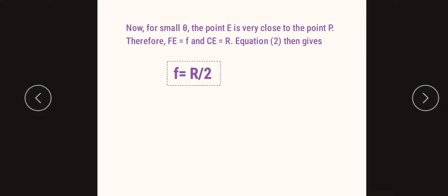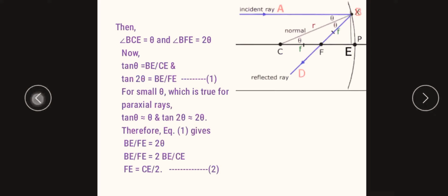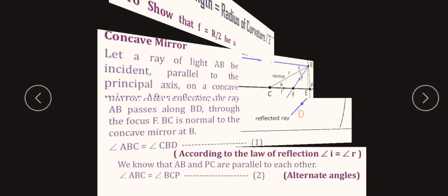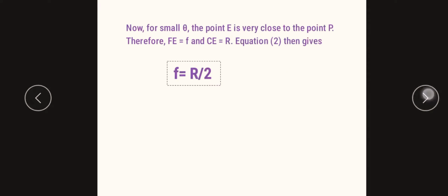Now for a small theta, the point E is very close to the point P. Hence, we know the definitions. The distance from center of curvature to pole is called the radius of curvature. Because E is very near to P, CE is also considered as the radius of curvature.